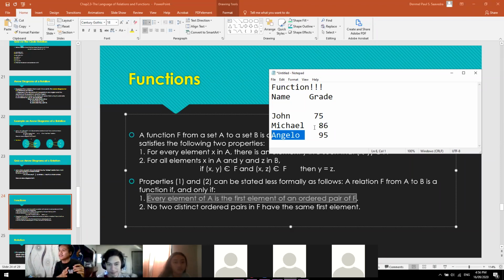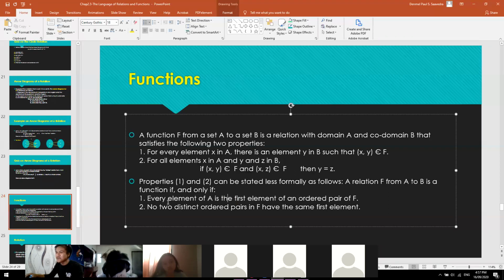Hindi na yun magpa-function kapag 2 or 3 na yung girlfriend mo or boyfriend mo. So I hope na-gets nyo yung concept. Dapat yung nasa una, isa lang ang partner mo, pero yung pangalawa, pwedeng marami siyang partner. No two distinct ordered pairs in f have the same first element. Sa first element, isa lang dapat ang partner niya, pero yung second element, pwedeng marami siyang partner.